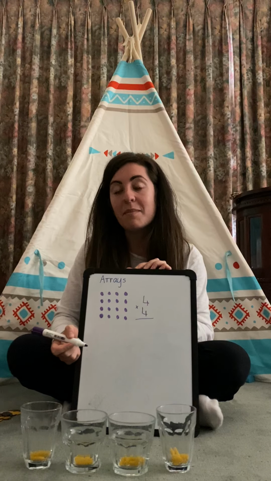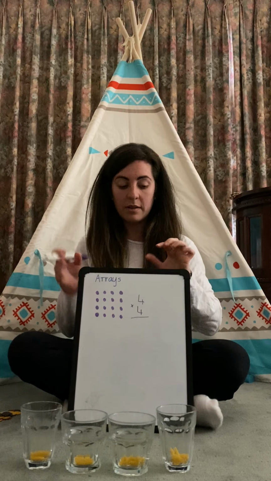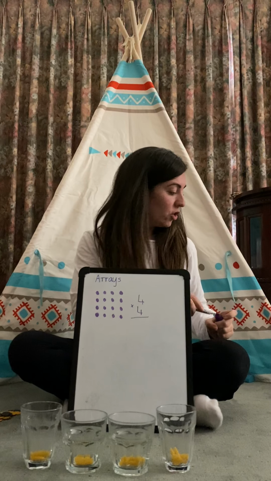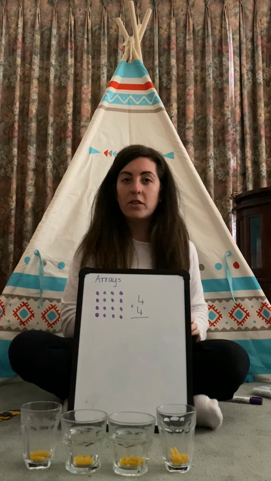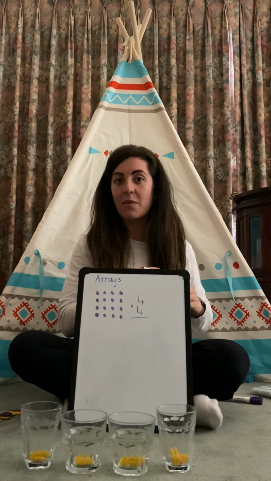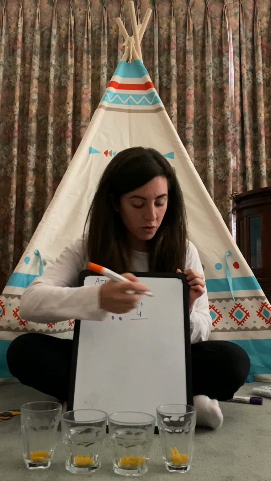That symbol means times. I'm going to write it on my whiteboard in a different color just to show you. And do you know what? Now that I've said it, I don't like that word times. I much prefer the word multiply or groups of.